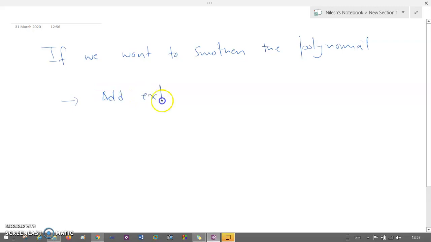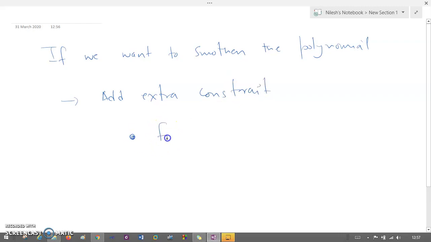Okay, so if I write here, if we want to smoothen the polynomial, then what we can do is add an extra constraint, and what is that extra constraint?